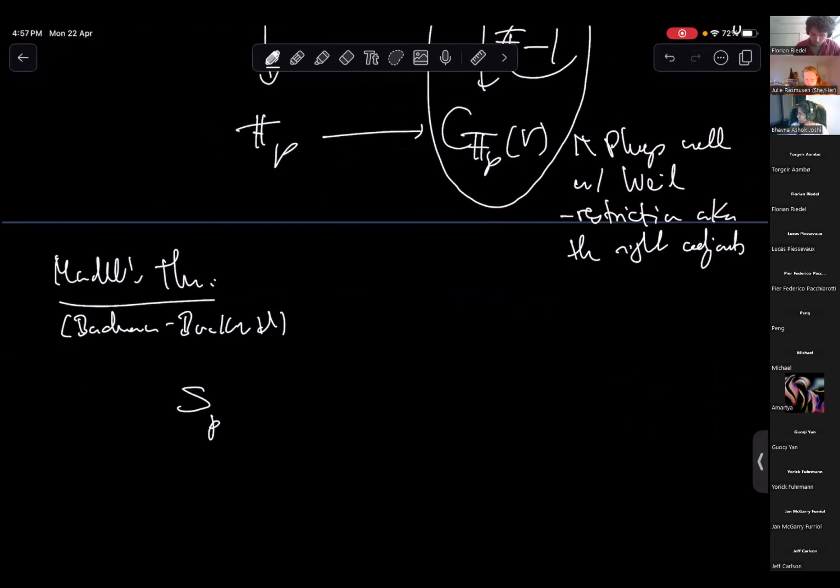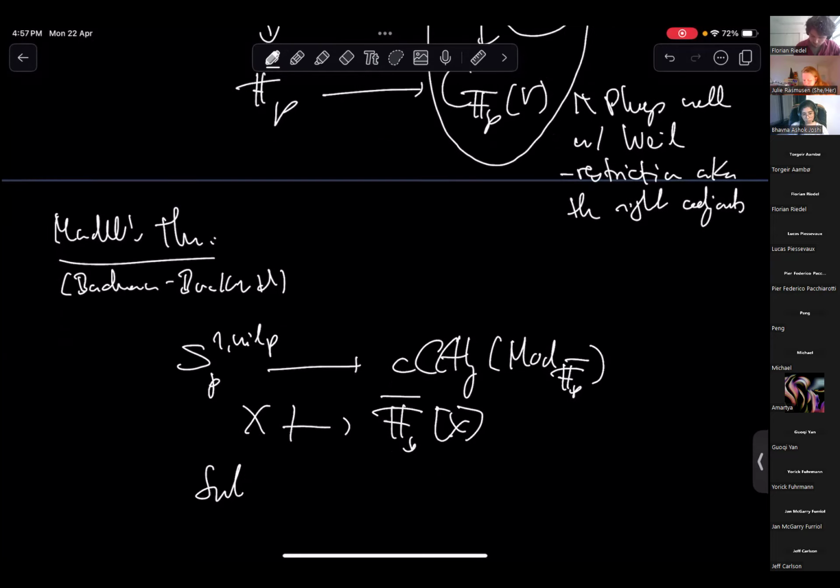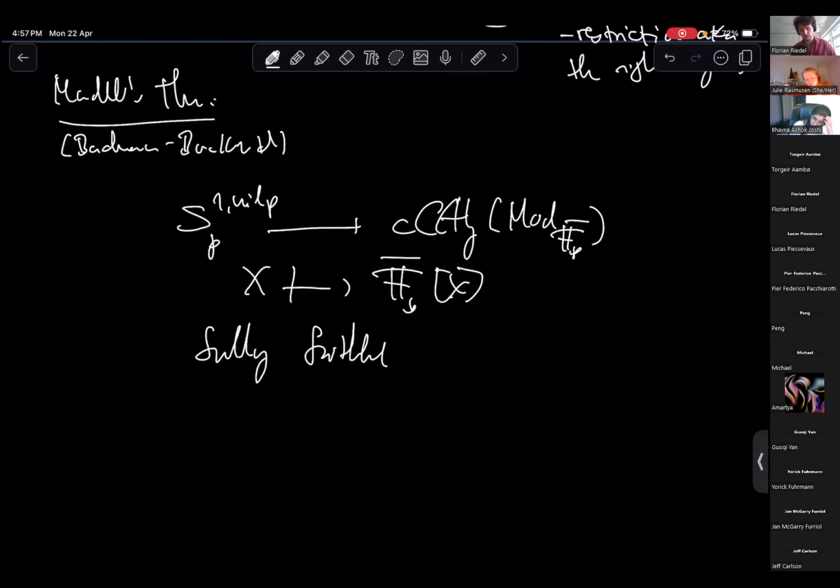You can take p-complete nilpotent spaces, that's why the nilpotence is coming up, to coalgebras in modules over FP bar. The functor just takes X to the FP bar homology. And this is fully faithful, and we can also characterize its image. This is like the coalgebraic version of Mandell's theorem.